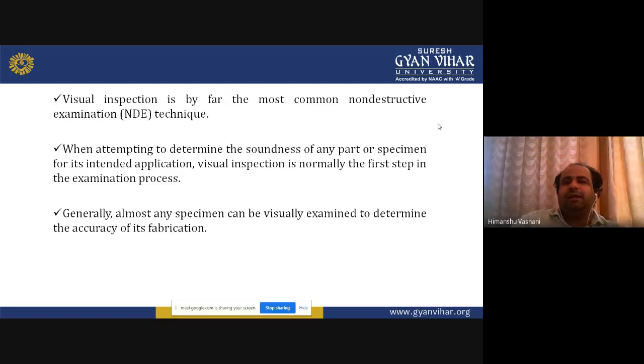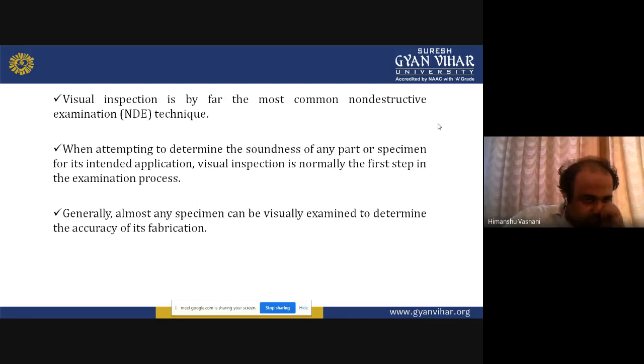Direct means you are examining right in front of you. Remote means you are somewhere else and using instruments, like borescopes. The borescope goes inside with the help of a camera, and if there are some changes, they can be visually examined on the screen. So there are two kinds: remote visual inspection and direct visual inspection.